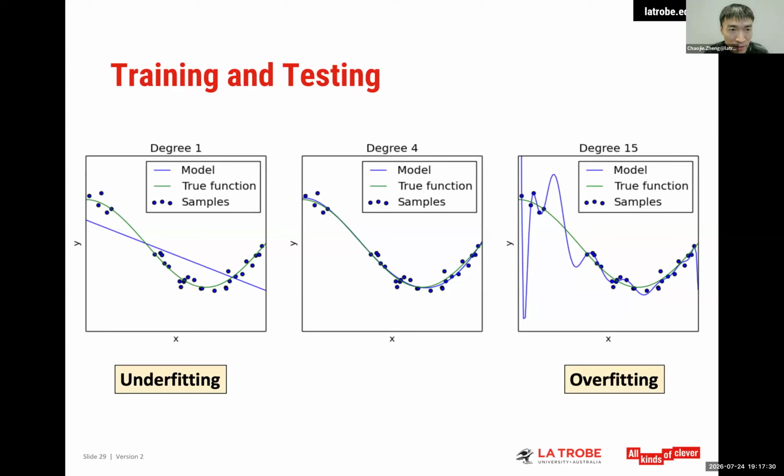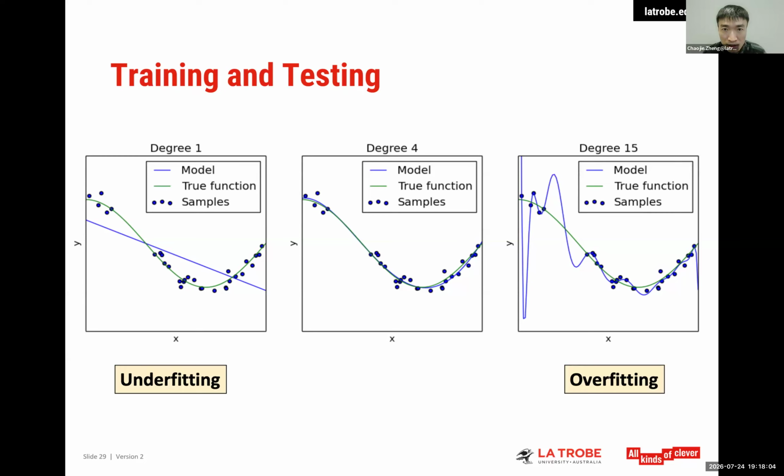They are distributed either above or under the fitting line. But this straight line cannot fully represent the trend or the distribution of these data samples. So we say this is an underfitting problem. The fitted model cannot represent the trend. It cannot discover the pattern of this data distribution.